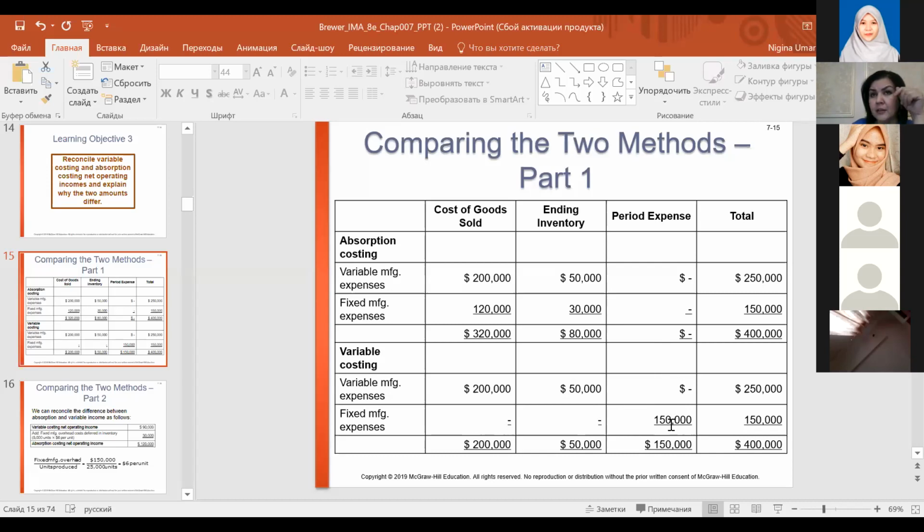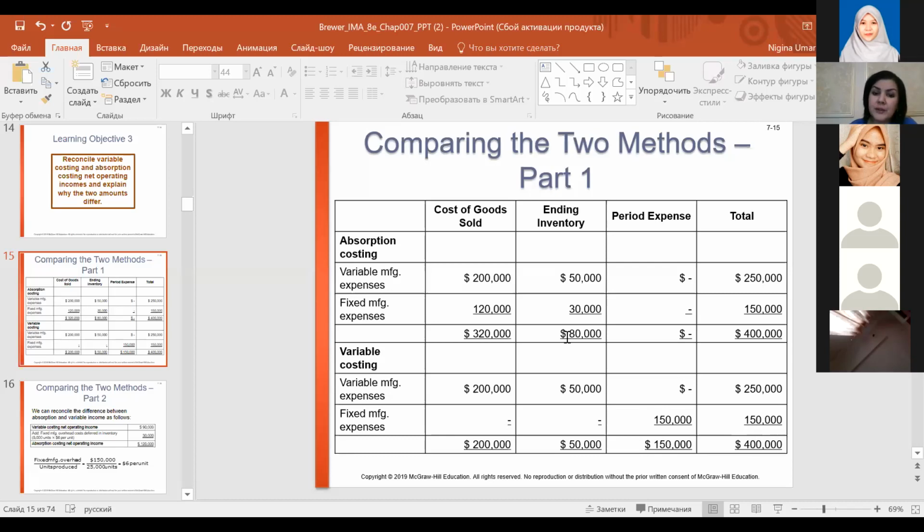We subtract the entire amount of fixed manufacturing overhead, right? And that's why if you see the total of variable manufacturing, the total 250, also fixed manufacturing, and the total amount of cost 400,000.